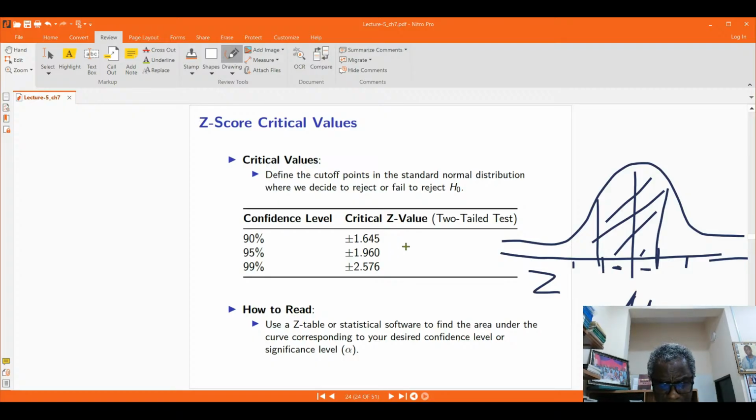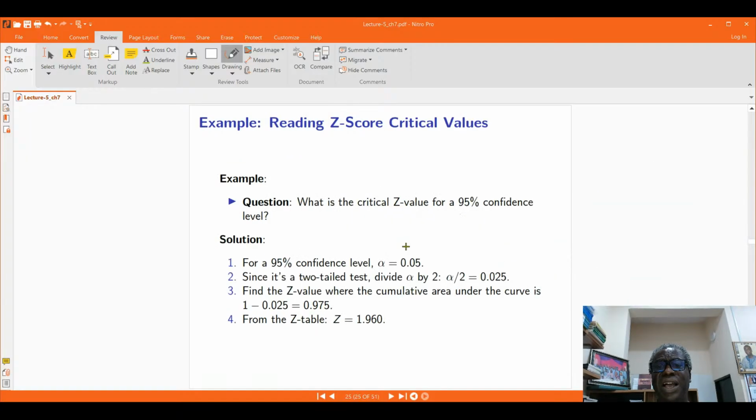So now the question is, what is the critical Z score for a 95% confidence level?